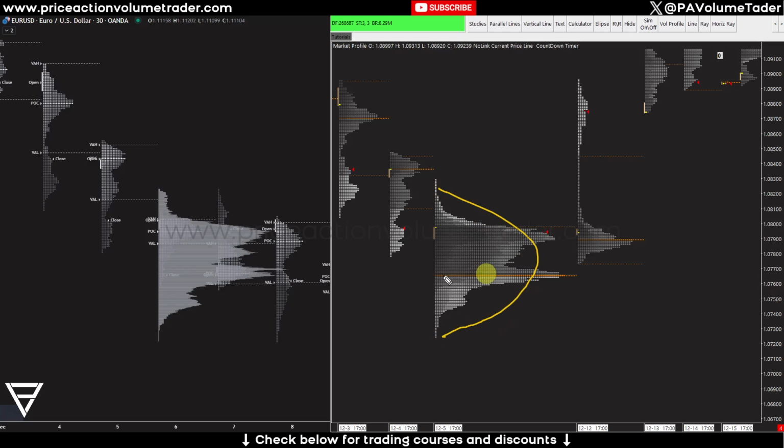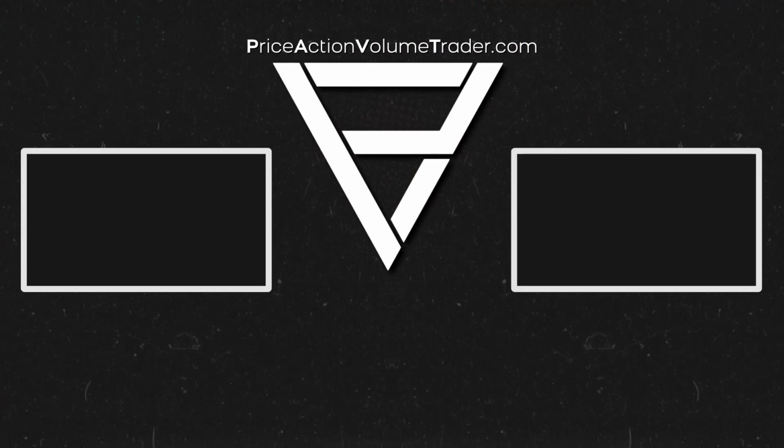So we have the 5-day market profile composite and the 5-day fixed range volume profile. Okay, and that's why a lot of times these two go hand in hand when we are trading, and that's pretty much the concept in general, an introduction to composite market profiles.